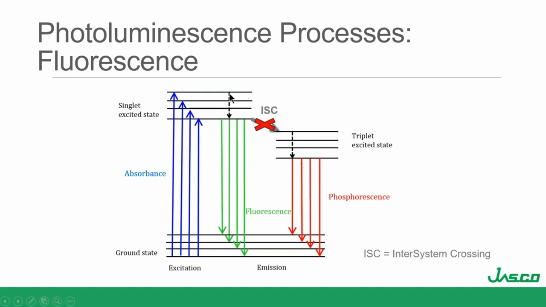However, if these levels don't have adequate overlap, then we don't see phosphorescence, and fluorescence would be the dominant emissive process.